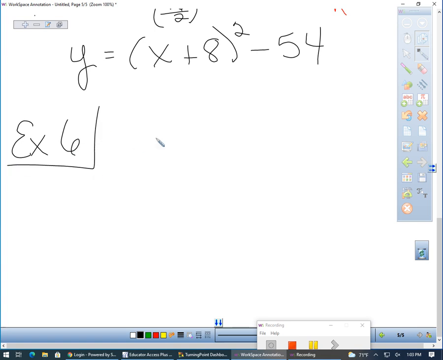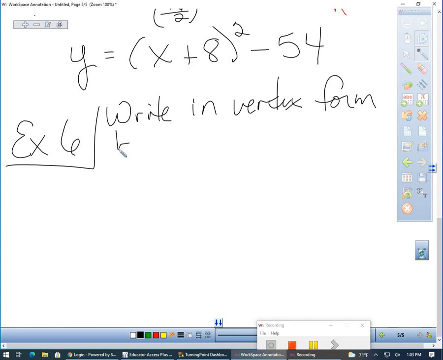All right, so let's do the exact same thing. Write in vertex form by completing the square. Okay? However, what did you notice about the a value on all of the ones we've done so far?